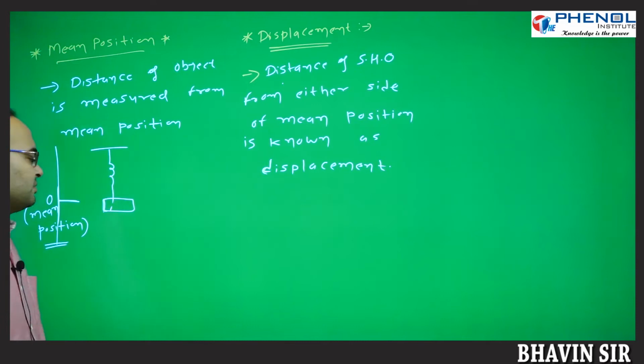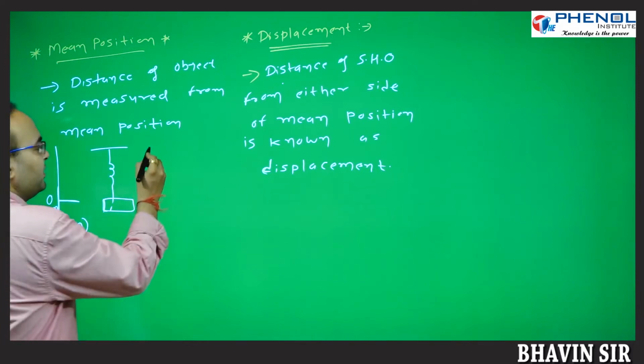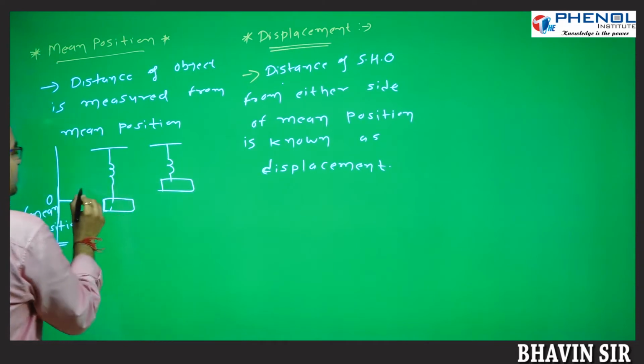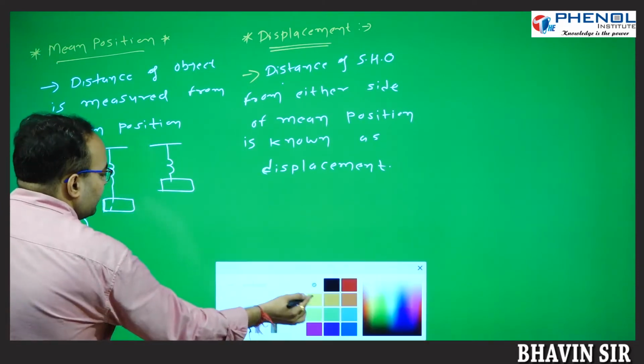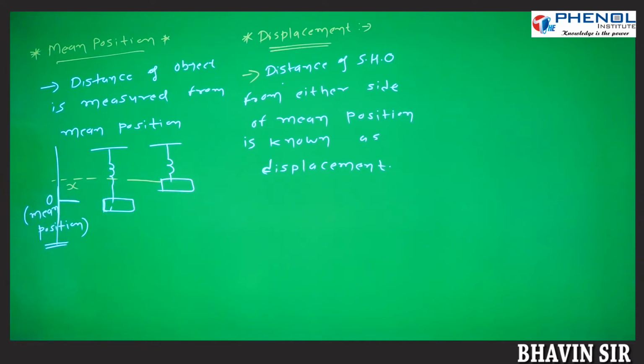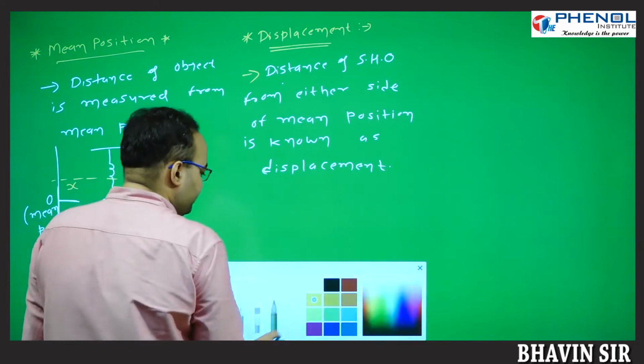Suppose this is the spring. Now during the oscillation, after some time spring, this is its position. So students, this is known as its displacement x.